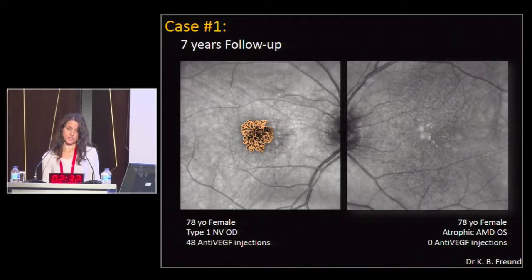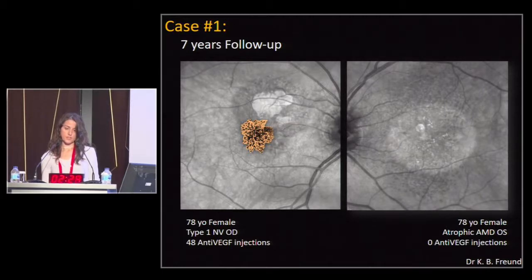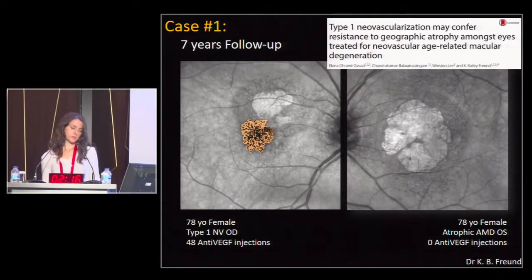And we are going to see that the left eye progresses over the years with a lot of areas of atrophy that converge into a large area of geographic atrophy. And if we compare, so maybe type 1 are protective for geographic atrophy or macular atrophy.